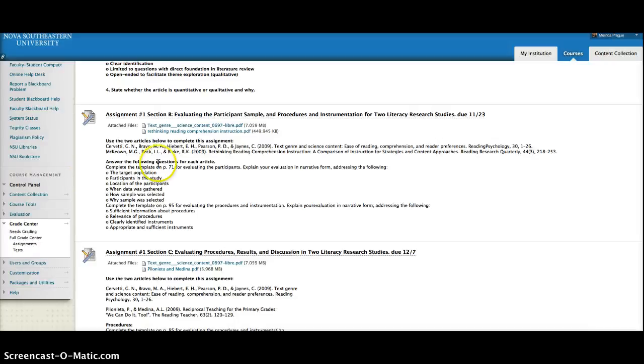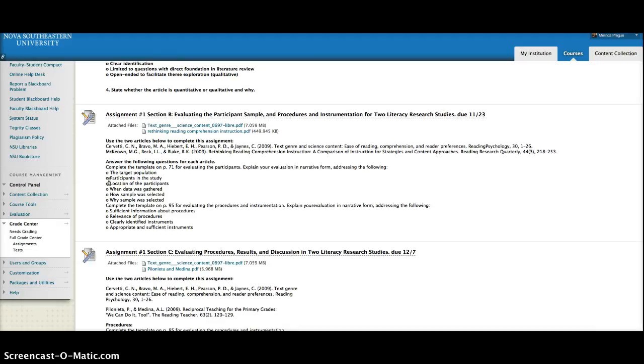If you look on page 71 in your text, you would see that I have outlined the items. For number 1, I wrote target population, but the template actually says, what is the target population? Can you easily identify the ultimate target? Number 2, I wrote participants in the study, and you have to answer who participated in the study. Were sufficient details provided?